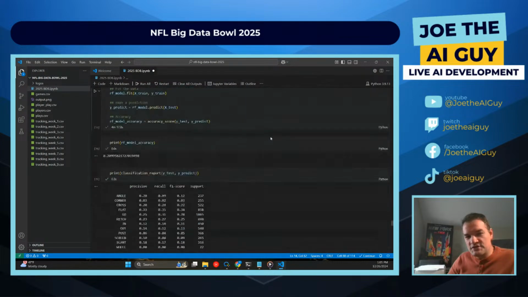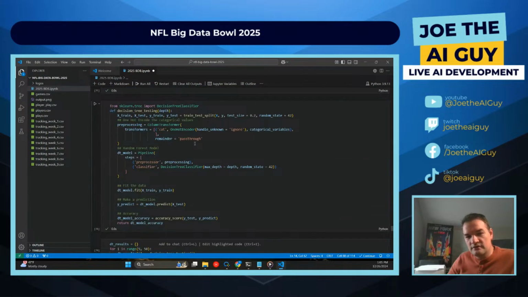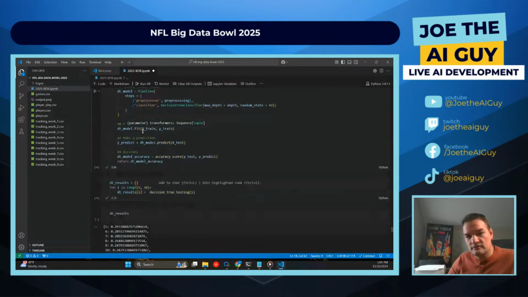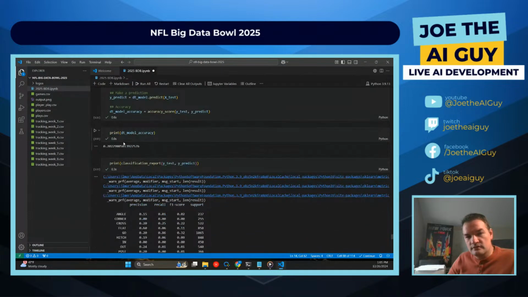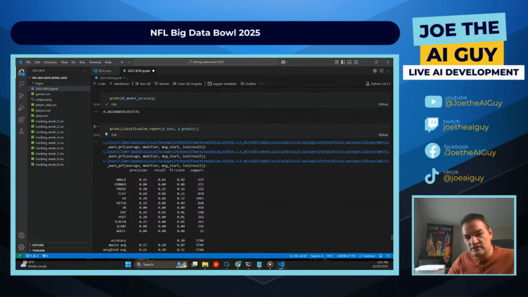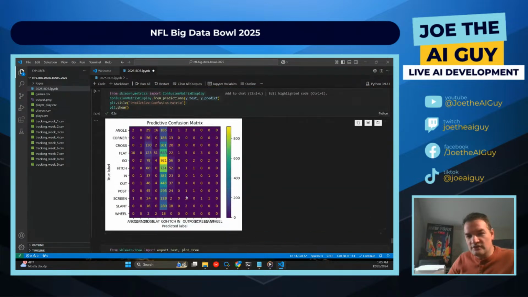So now it should be going into the decision tree, which will be pretty quick. And that accuracy is 20%. Not great. Let's see what it's doing here. It's only predicting like 3 or 4 groups.